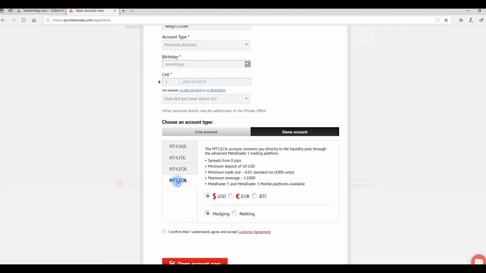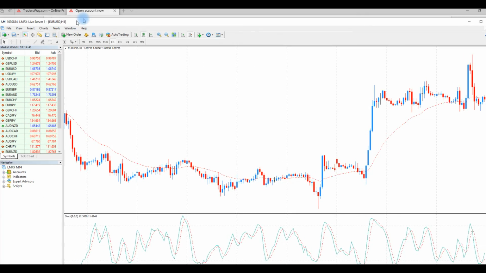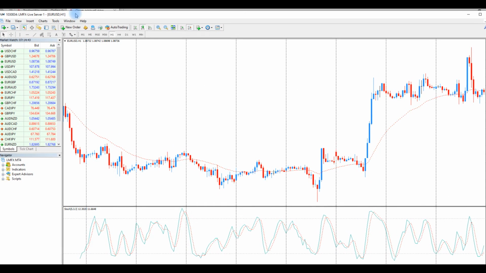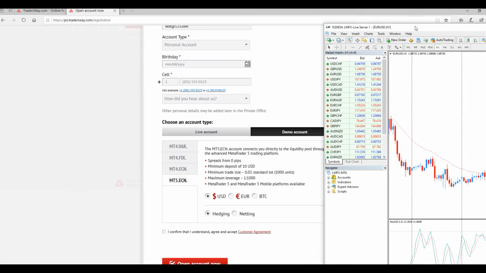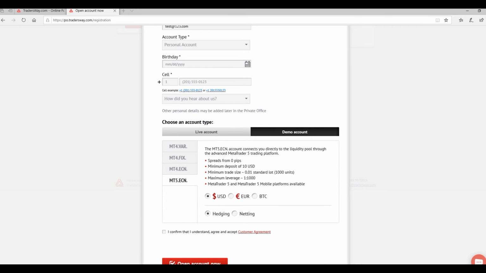Now the MT5, or MetaTrader 5 account, is very similar, but the platform that you trade on, the MT4, or MetaTrader 4 platform, is what you see right here. This is this third-party software.